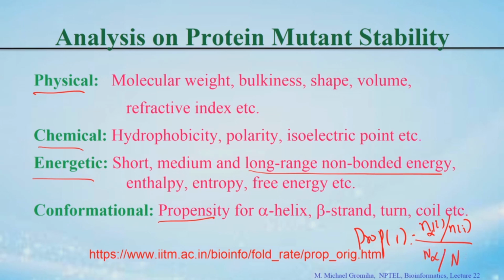This n is the total number of residues in a protein, how many residues in alpha helical conformation, and for any residue I, how many residues are in alpha helical conformation and how many residues of type I are present in the protein. So, you can calculate alpha helical propensity. So, how many values do you get for the propensity? 20 values for the 20 residues. Likewise, for beta strand you get 20 values, everything 20 values. Now, property wise, each property you have 20 values for the 20 amino acid residues.